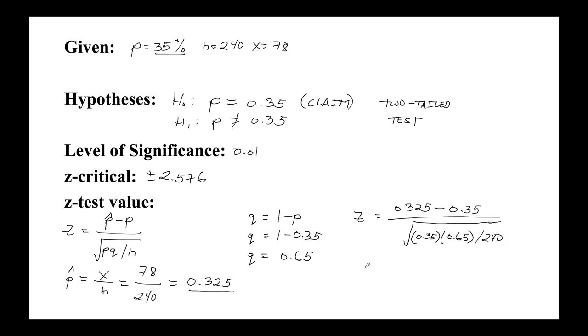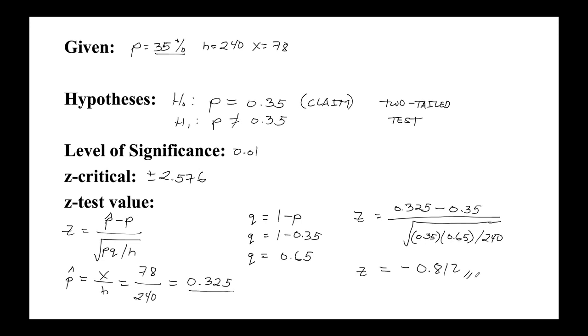So, you can actually directly input this on your calculator: 0.325 minus 0.35 all over the square root of the product of 0.35 and 0.65 divided by 240. And it will give you a final answer of negative 0.812. So, this will be our Z computed for proportion.